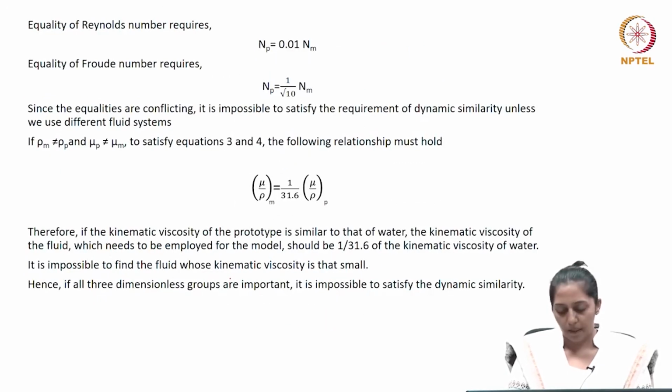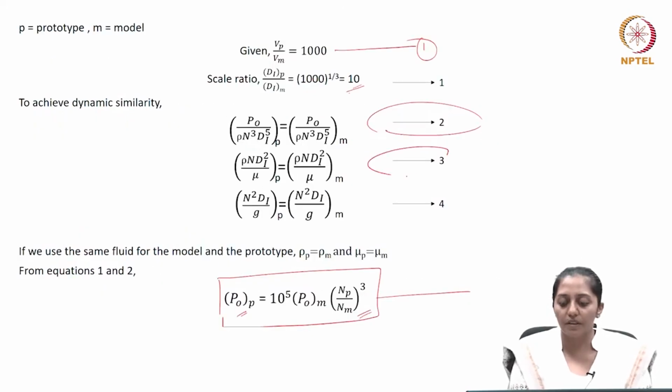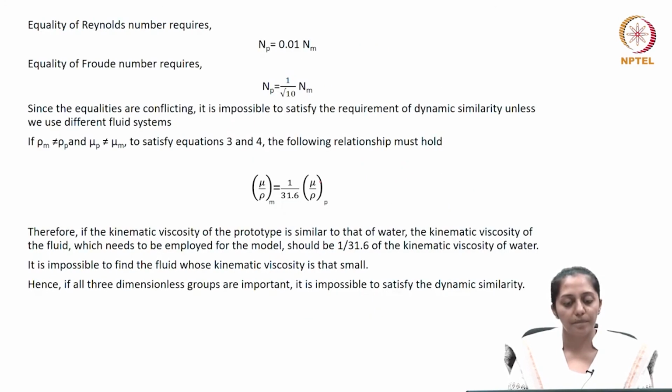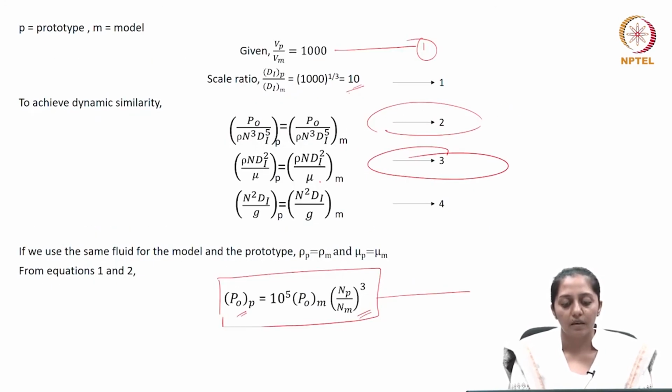While if you use Reynolds number equality as shown here in equation 3, then the liquid properties, as I said, can be negated. The linear dimensions are related by a factor of 10 at the two levels.